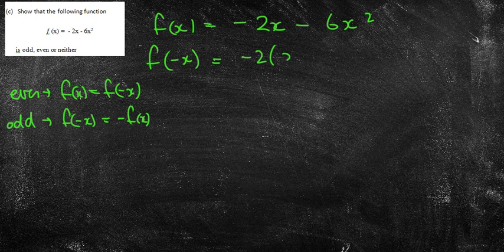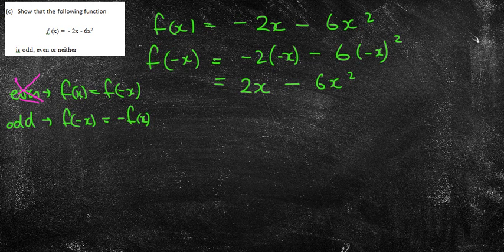-2 brackets minus x minus 6 brackets minus x squared. If I simplify that, we get positive 2x, and then we get minus 6x squared. Okay, now obviously looking at that, that does not equal the top function, so it can't be even. So I'm going to cross that one out.